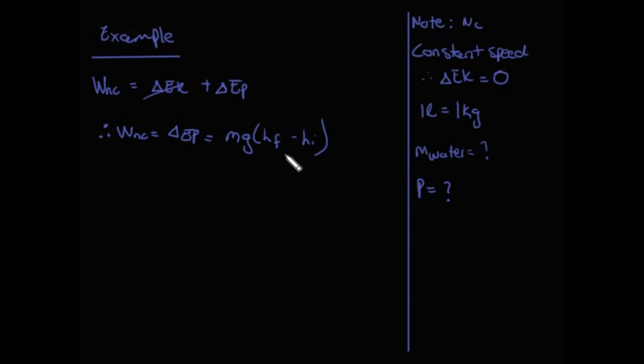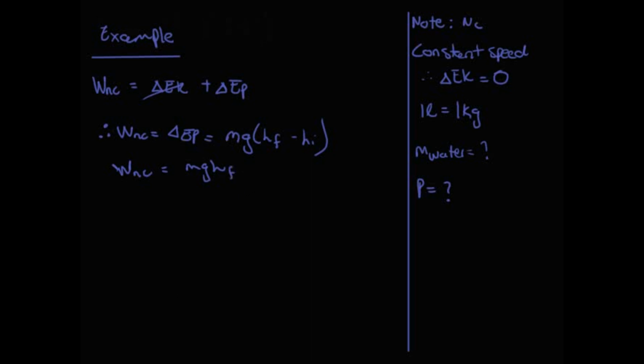I took h out as the common factor. Then we know that if it's pumped up, its initial height was 0. So the work of the non-conservative force that the pump is doing is going to equal mg hf.